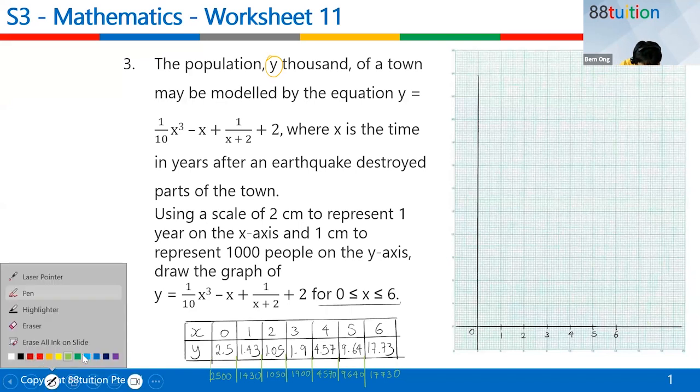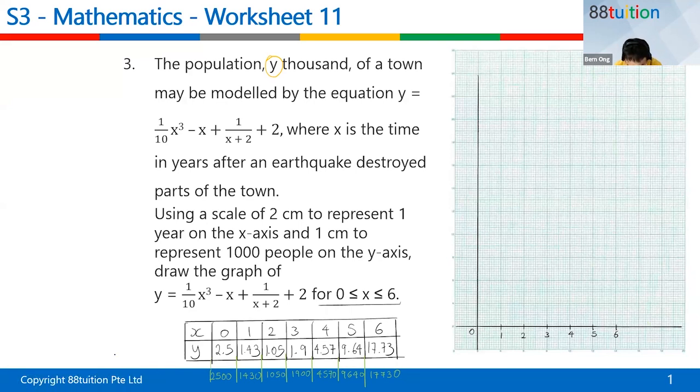Okay, come, let's go. So now, in terms of the y-axis, I need them in terms of 1 cm to represent 1,000 people. So down here is actually like 2,000, 4,000, 6,000, 8,000, 10,000, 12,000, until 17,000. 14,000, 16,000, and 18,000.